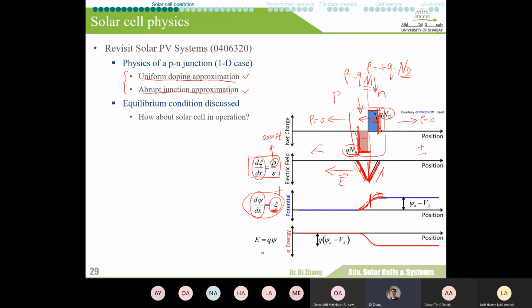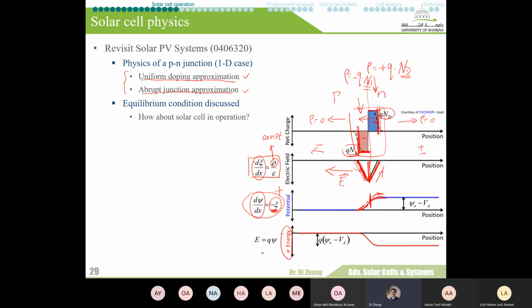And then, that is only the electric potential, but for understanding the semiconductor behavior, typically we would like to know the scale for electron energy or electron potential. That is more relevant to us because most of the time we are dealing with electrons.